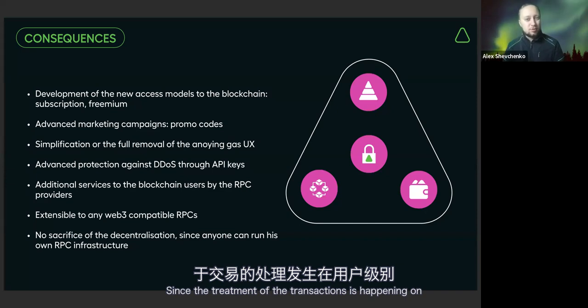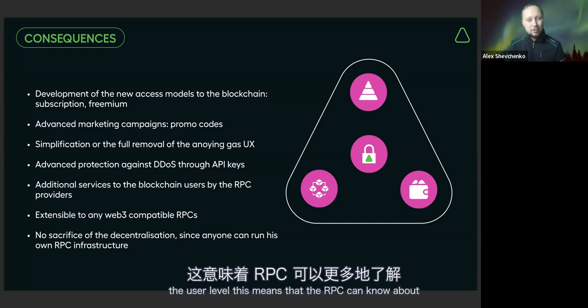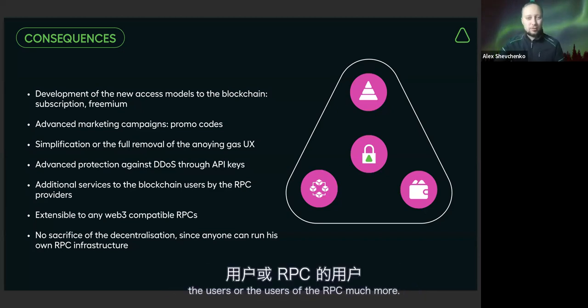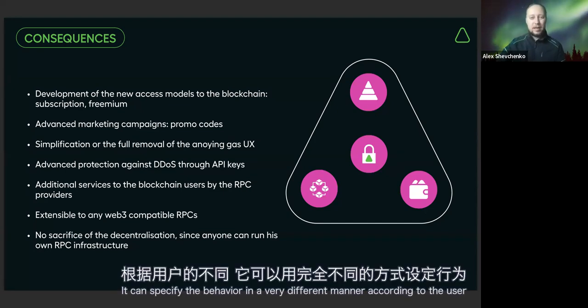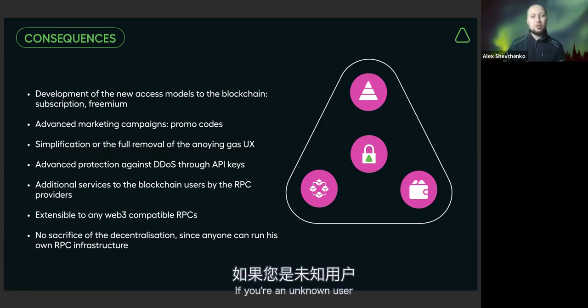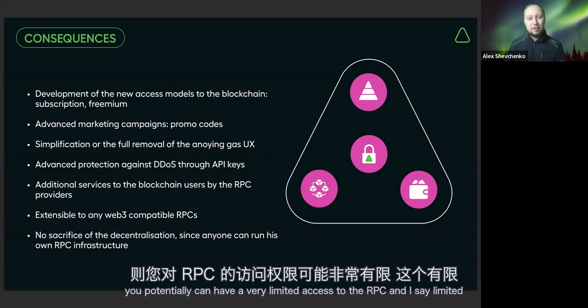Since the treatment of the transactions is happening on the user level, this means that the RPC can know much more about its users, and it can specify the behavior in a very different manner according to the user. If you're an unknown user, you potentially can have very limited access to the RPC.